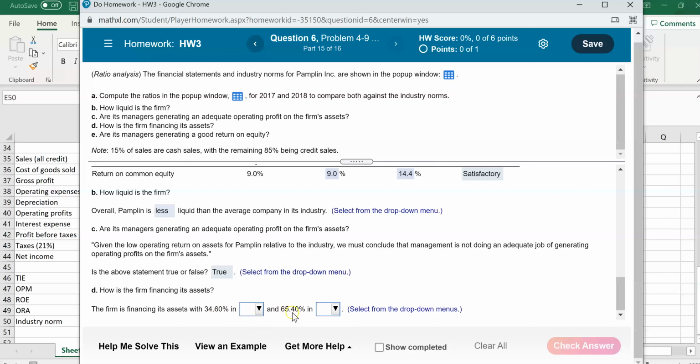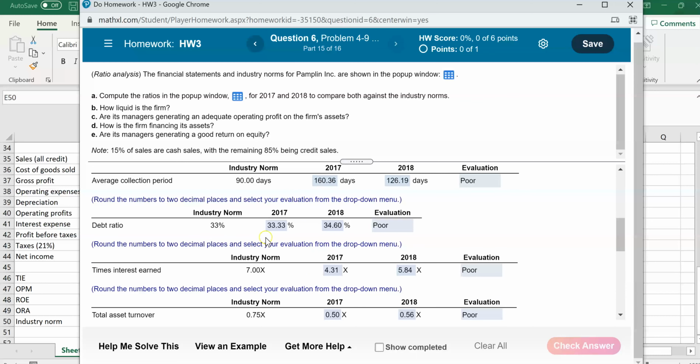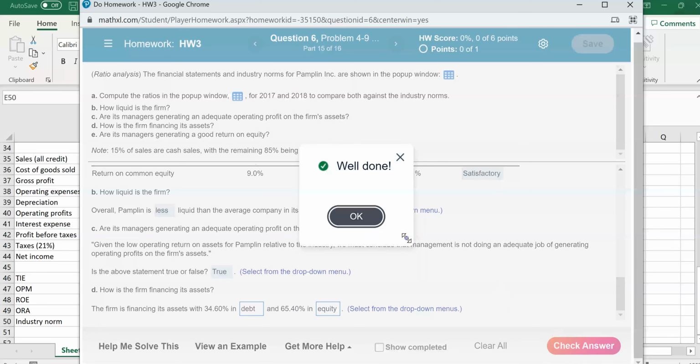If you add up these two numbers, you get one, which means one has to be debt and the other equity. We found this debt ratio before: the latest year is 34.60%, so this is debt. Hence, the remaining is financed by equity. This part of the question is relatively straightforward.